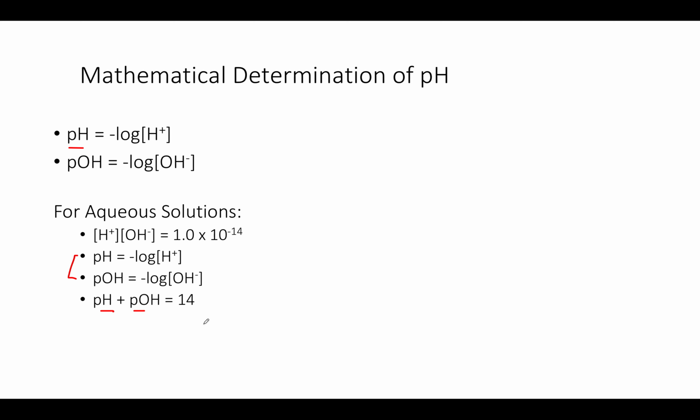This is known as the water dissociation constant, and that's another video. Your hydrogen ion concentration times your hydroxide ion concentration should equal 1 times 10 to the negative 14th, the water dissociation constant.